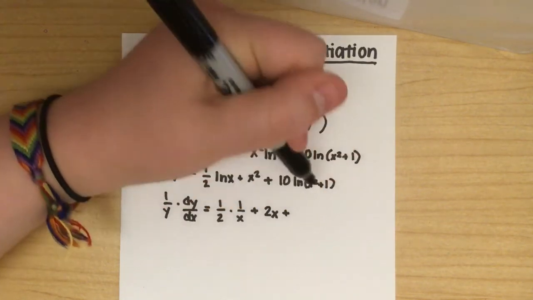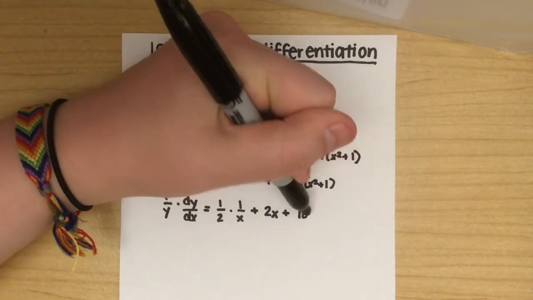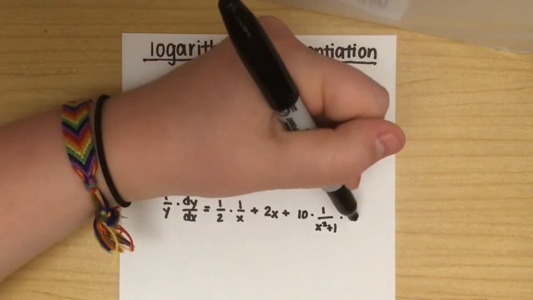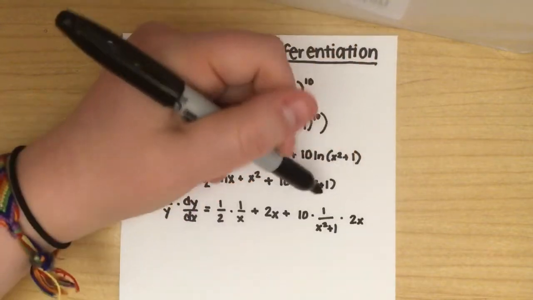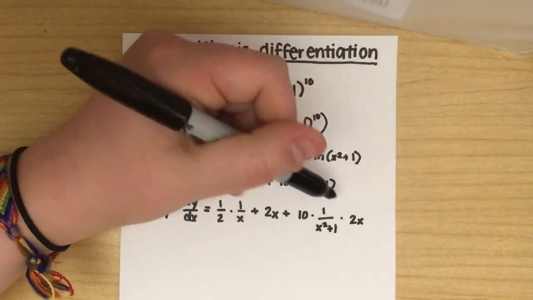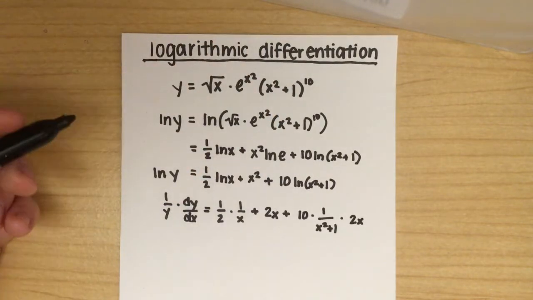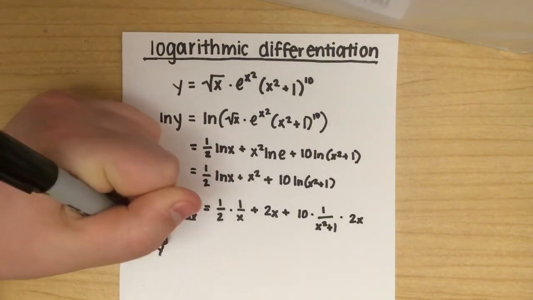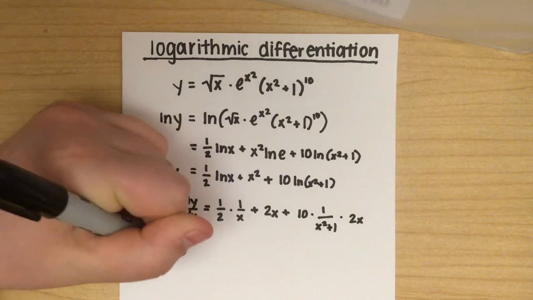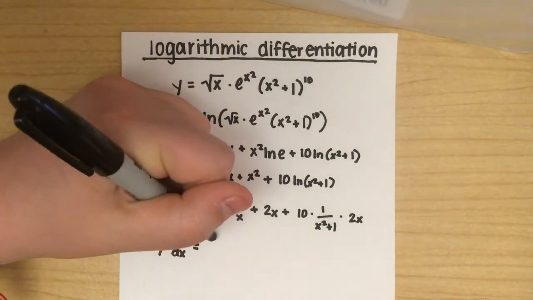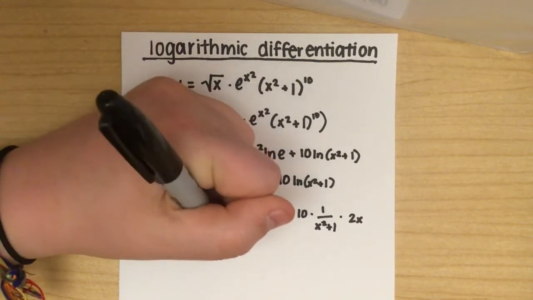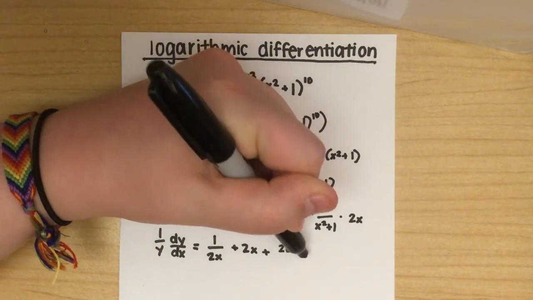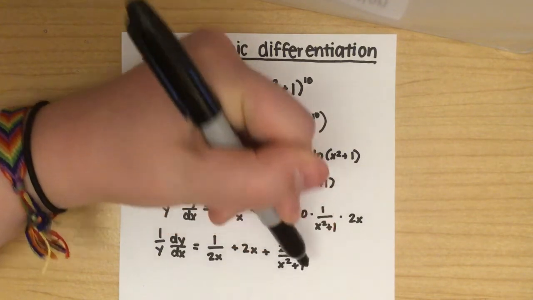And then the derivative of this part is 10 times 1 over x squared plus 1 times 2x, because it's the chain rule, so you have to use the x squared, and the derivative of that is 2x. So now we have 1 over y dy dx. We're just going to simplify this down. Equals 1 over 2x plus 2x plus 20x over x squared plus 1.